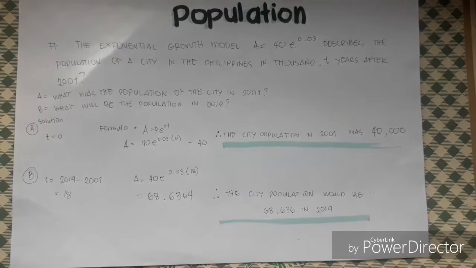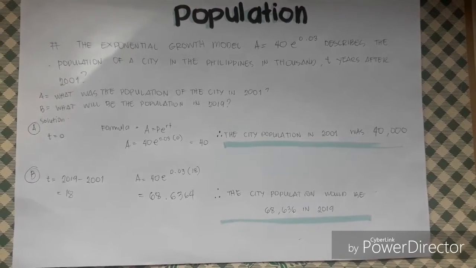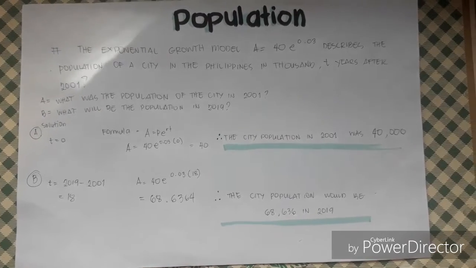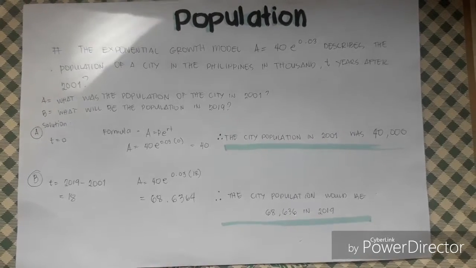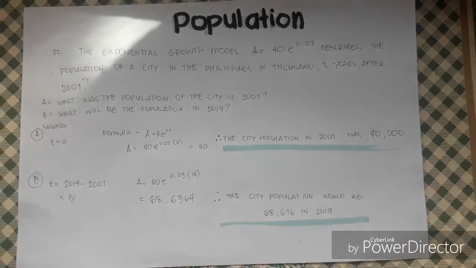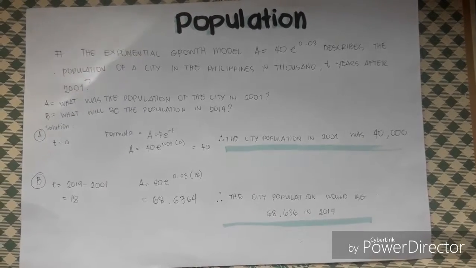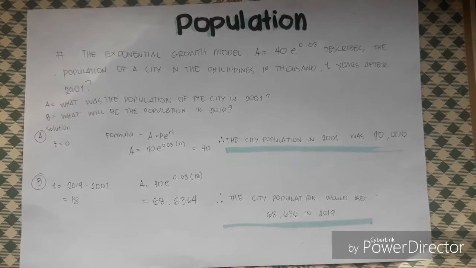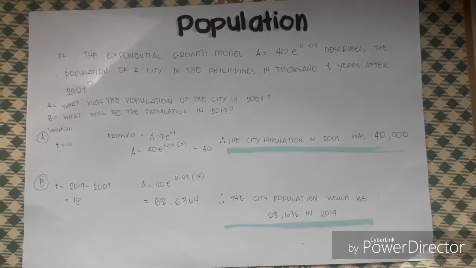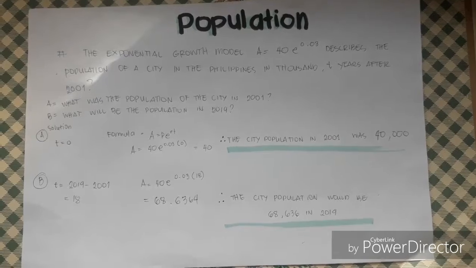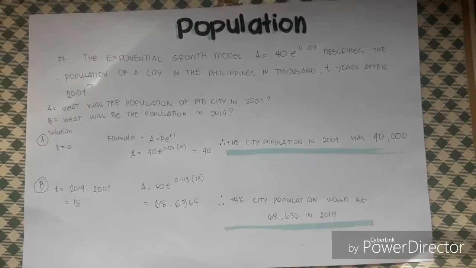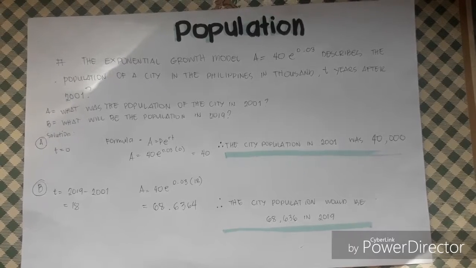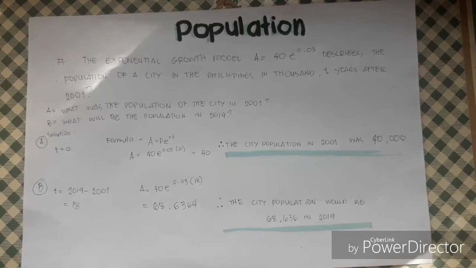The solution in the first question is the t will become 0, and the formula in getting the population is equal to A equals Pe to the rt. The value of e is 2.718. Then substitute A is equal to 40e multiplied by the r, which is 0.03, multiplied by t, which is 0.